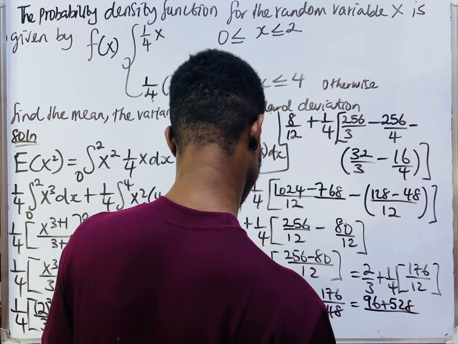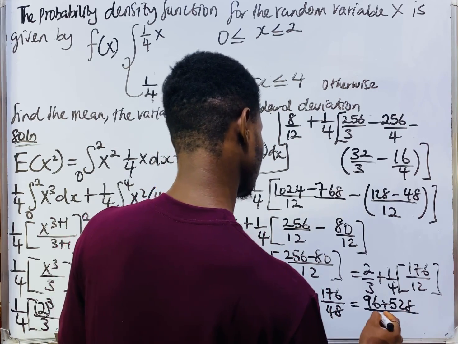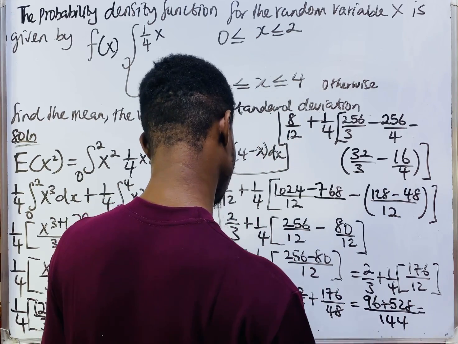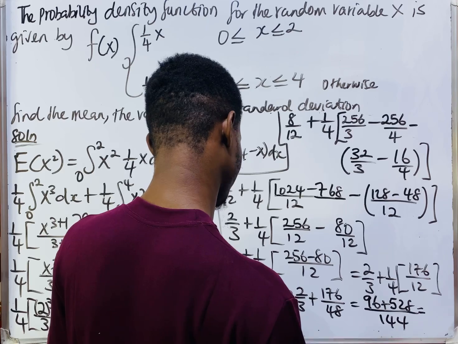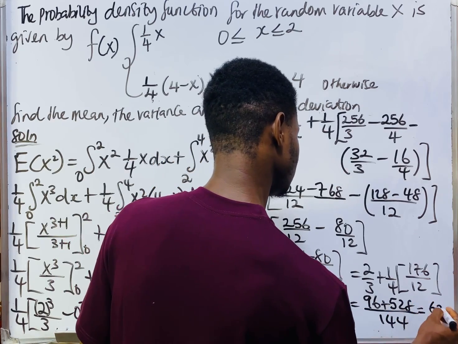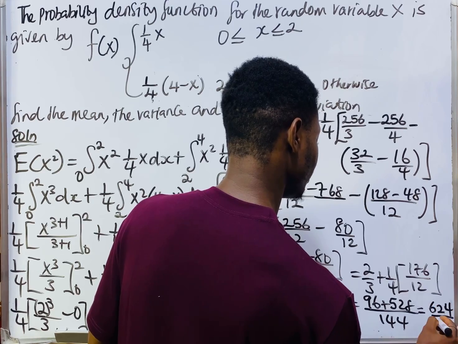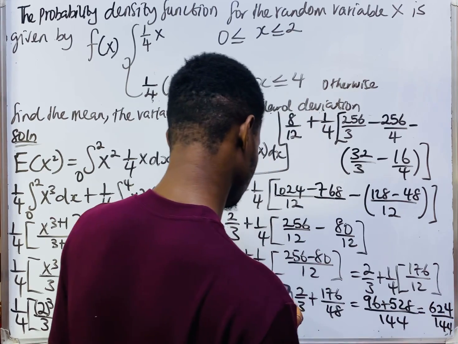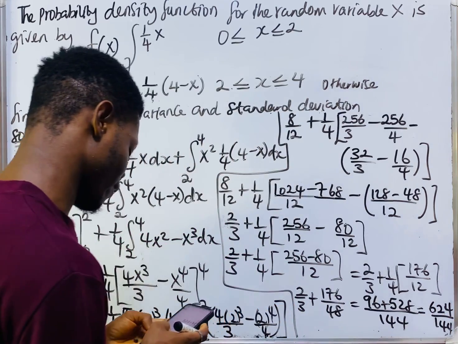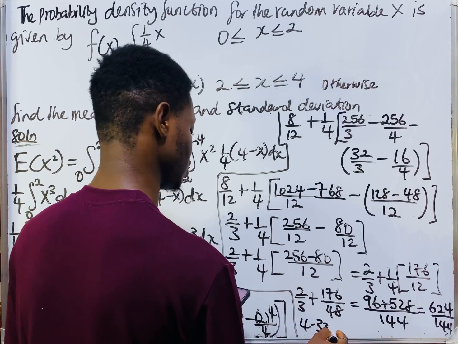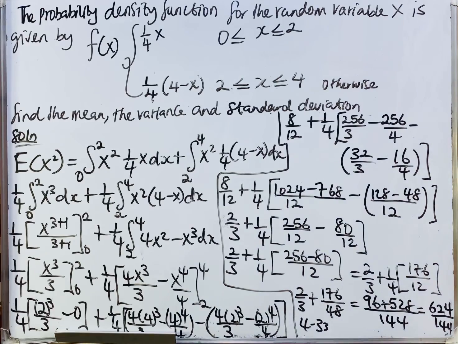And 3 times 48 gives me 144. So 96 plus 528 gives me 624 all over 144. So 624 divided by 144 gives me 4.33 something. I hope you can see.